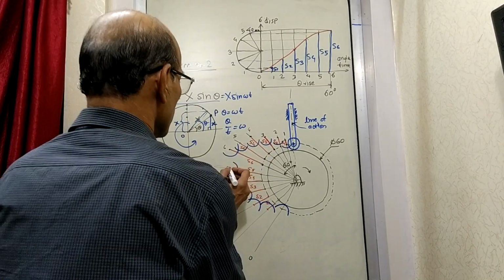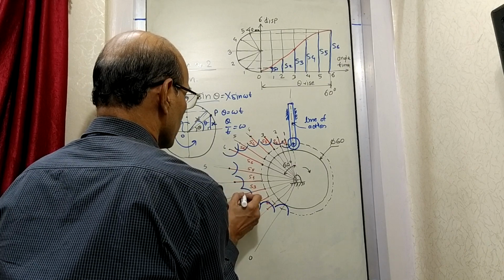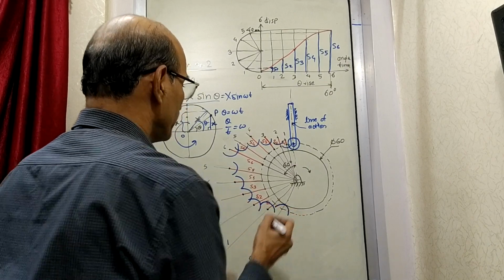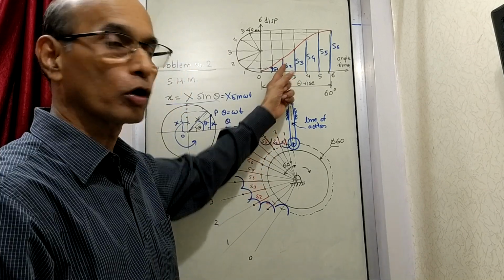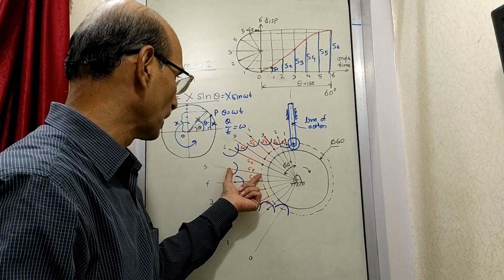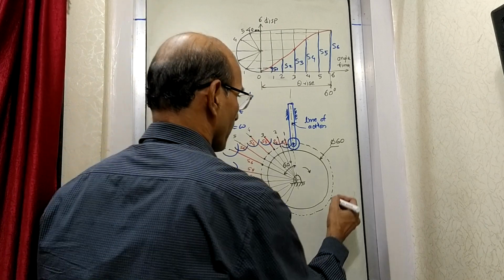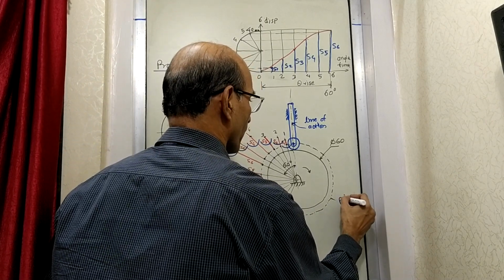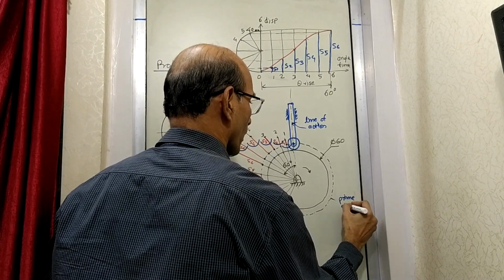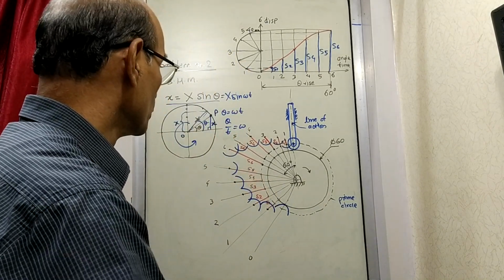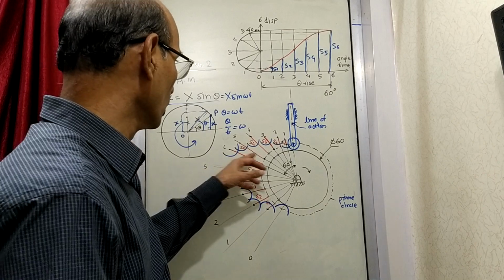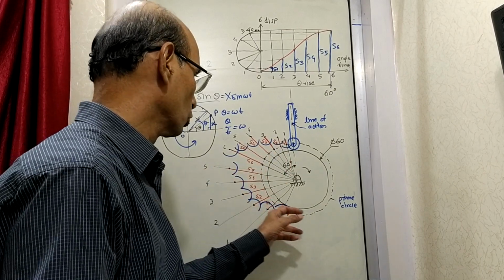So with taking the reference of the center of the roller, we have lifted the center of the roller by the distance equal to the stroke, and measurement is done from the prime circle. This is prime circle. So having done this, now we have got all the positions of the rollers.